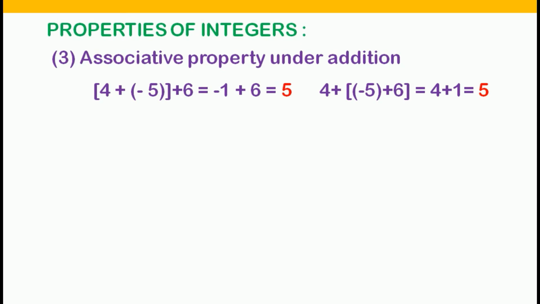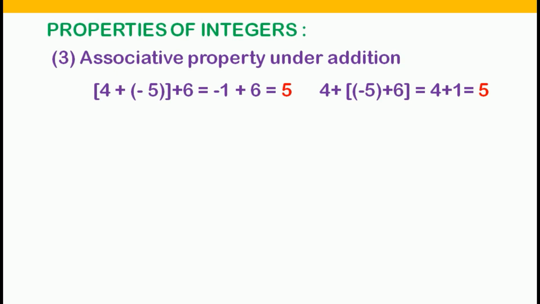When we add these three integers, 4 plus minus 5 is equal to minus 1, plus 6 is equal to the result 5. Now, changing the order of addition, that means first we add the last two integers.